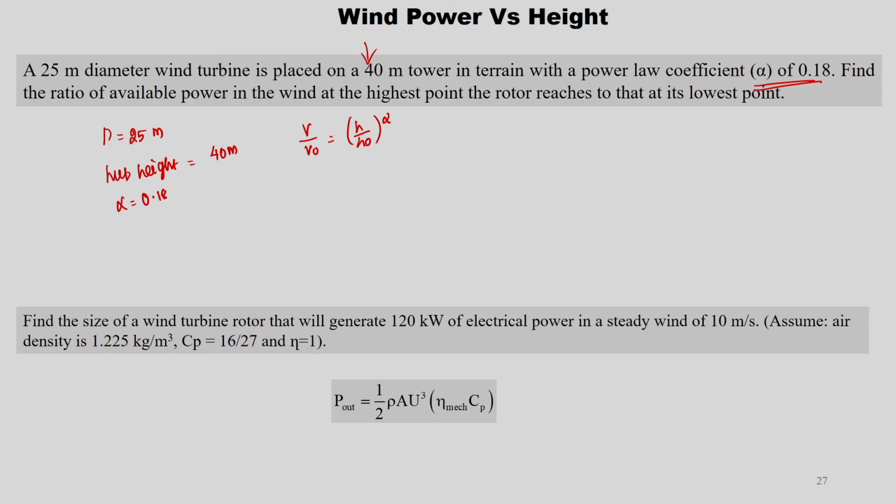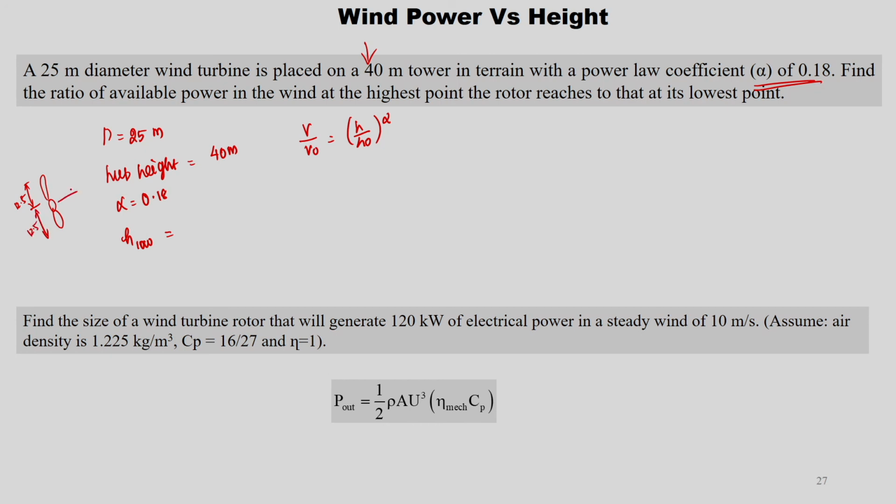What is the height? If you imagine, this is the hub, and you have the rotor like this. The rotor total diameter is given as 25, so the maximum is 12.5 here and 12.5 here.